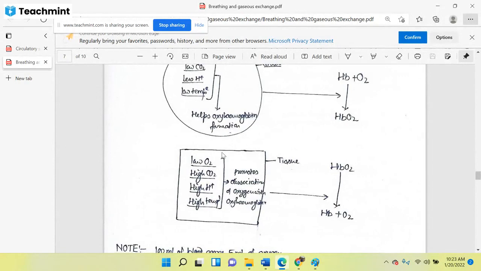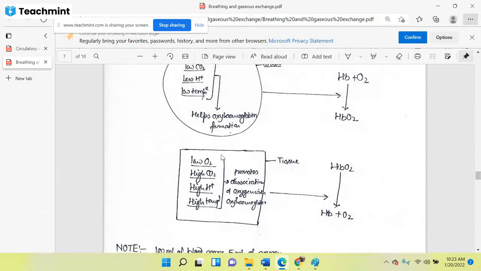Here the partial pressure of oxygen is low, and how can you remember that? Just because the tissue is consuming all the oxygen, because all the time the tissue or the cell is consuming oxygen in order to make ATP. So all the time the cell or the tissue needs energy.